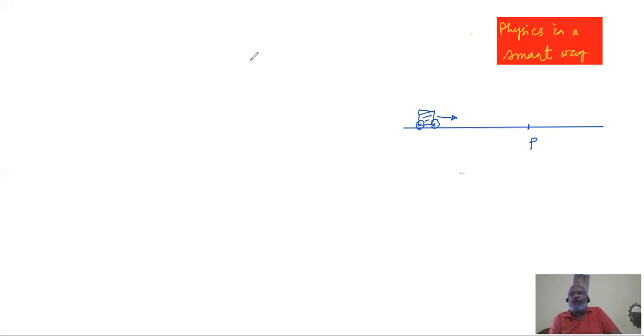Some of you might be wondering why we are so much interested in finding the slope. In fact, the word slope here is a bit of a misnomer that hides many things. When we say slope at a particular point on a curve is given as dy by dx, y and x can represent many different physical quantities.